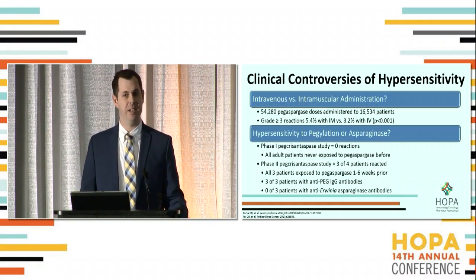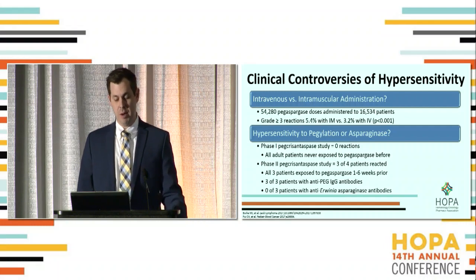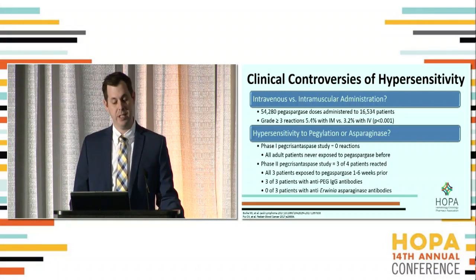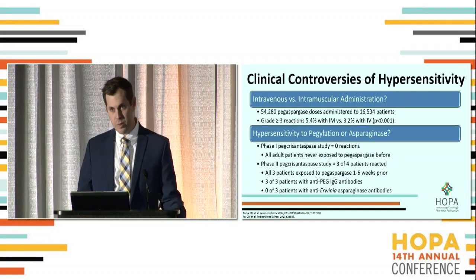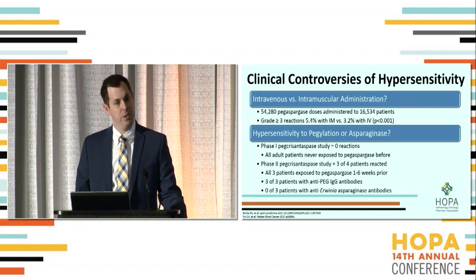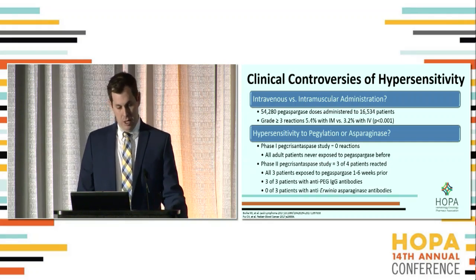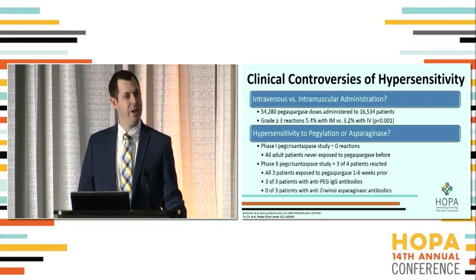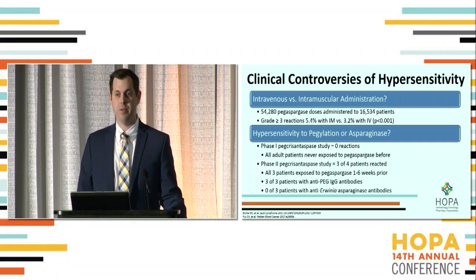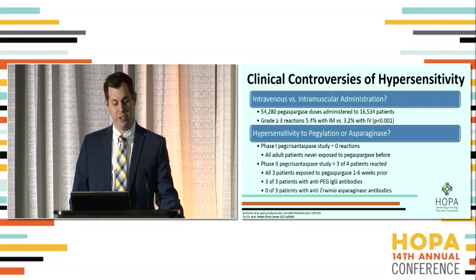And then finally, hypersensitivity. I said we were going to come back to the PEG crisantaspase studies a little bit later. And is it hypersensitivity to the pegylation, or is it hypersensitivity to the asparaginase? So that first phase 1 study that looked at 10 patients, all of those adult patients tolerated it with no reactions, but they had never been exposed to PEG asparaginase. The COG study had all of their patients recently exposed to PEG asparaginase, and we saw that 3 of the first 4 of those patients reacted.